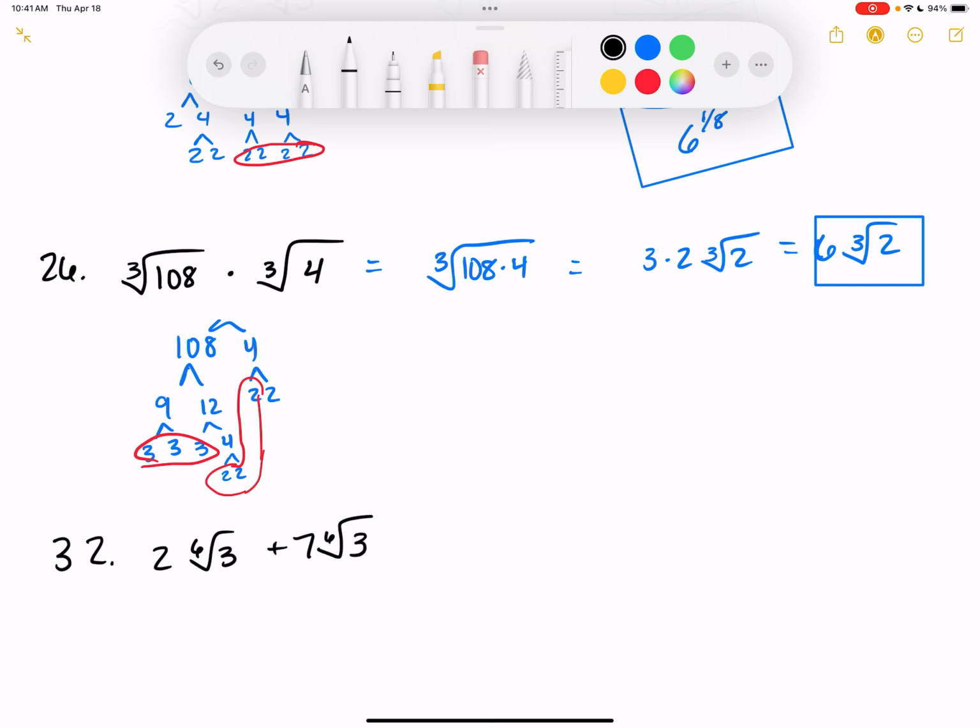So when adding and subtracting radicals, just like when we have variables, we have to have like terms, okay? So we have to have like radicals. So I have the 6th root of 3 and the 6th root of 3, so that means I can actually combine these. So when I add those together, I will end up with 9 times the 6th root of 3.